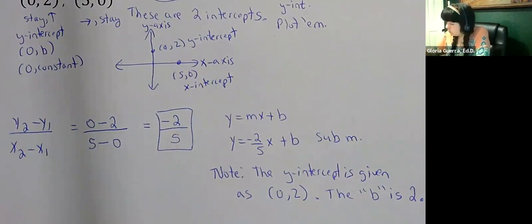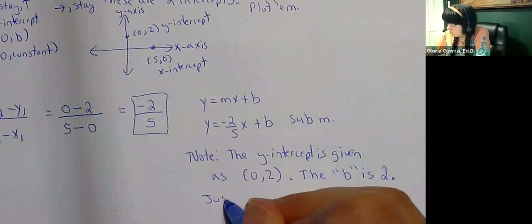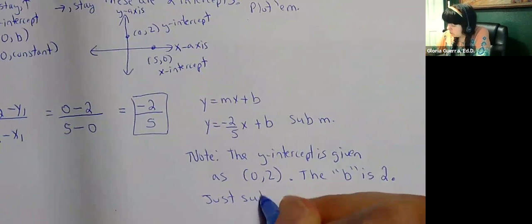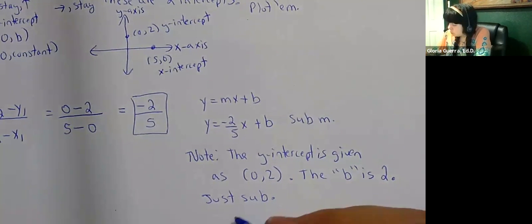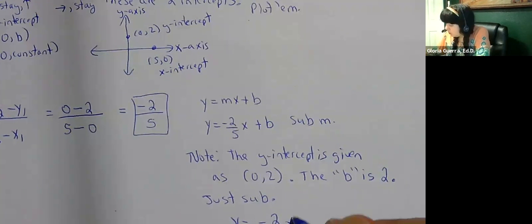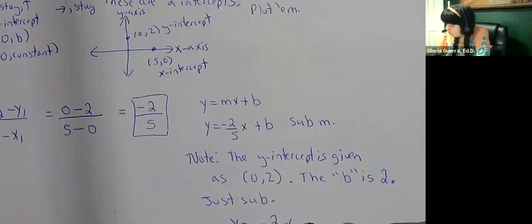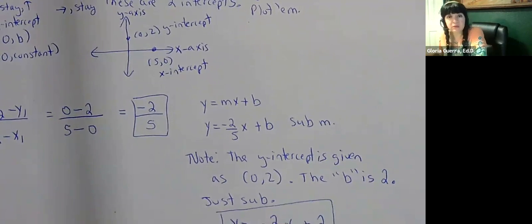So all you need to do is substitute. You have y is equal to negative 2/5 x, and where you have plus b, you're going to put positive 2, because it is a positive 0, 2.